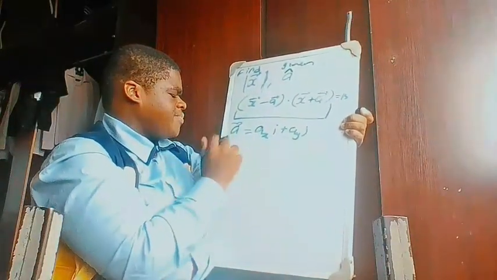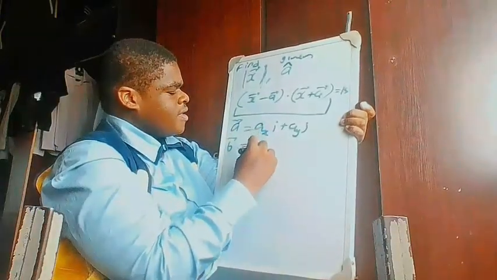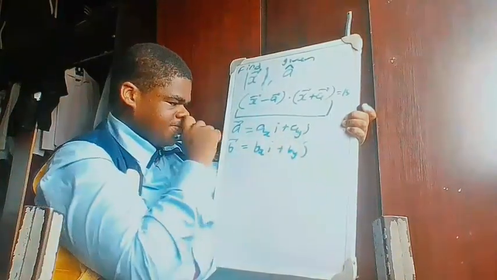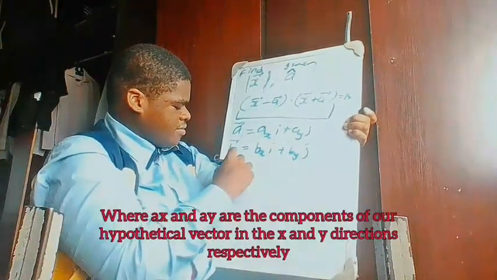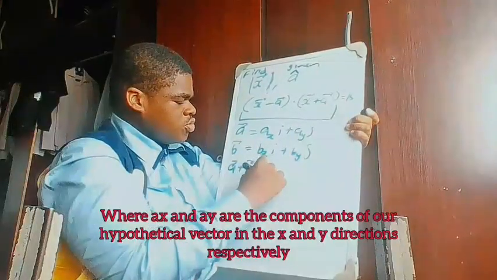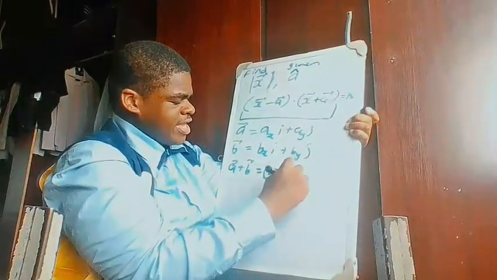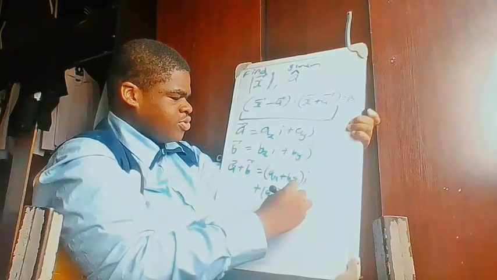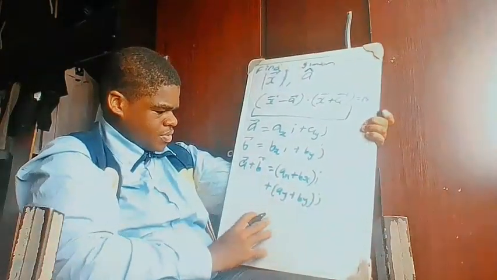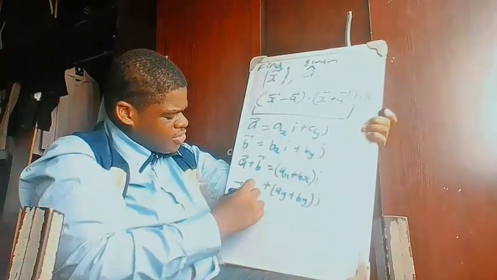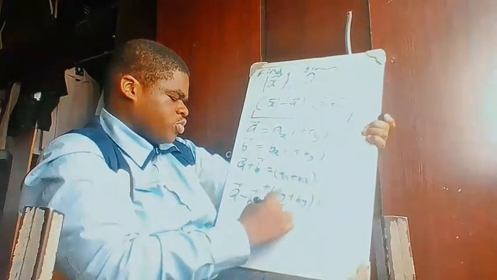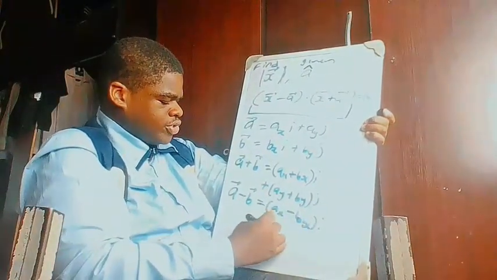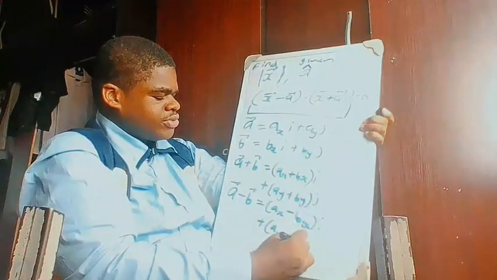And we have another vector b is equal to bxi plus byj. So the vector a plus the vector b is going to equal ax plus bx i plus ay plus by j. The vector a minus b is going to equal ax minus bx i plus ay minus by j.